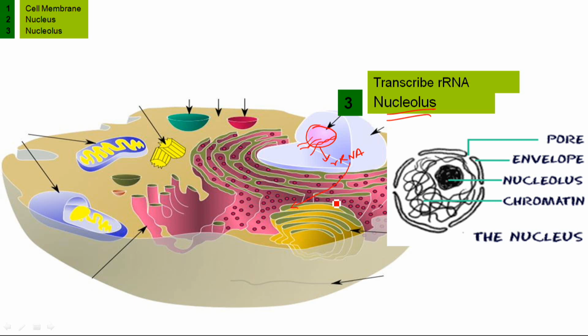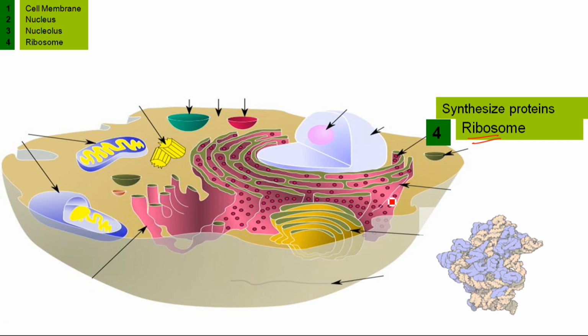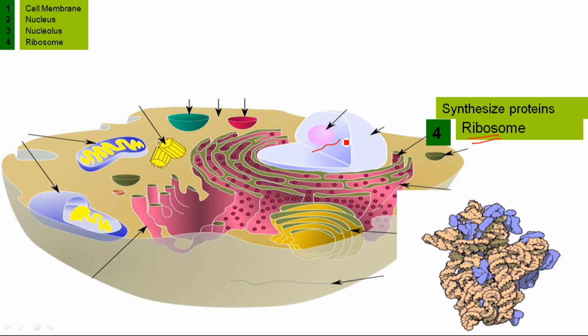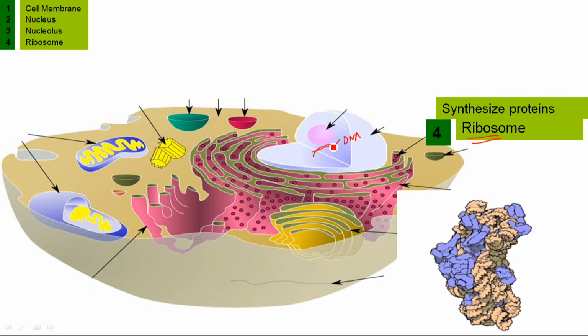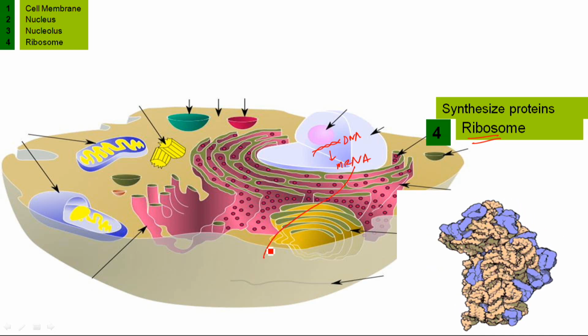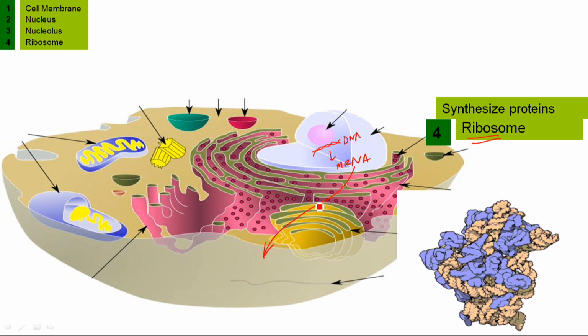The fourth one is the ribosome. The ribosome is a big particle made up of lots of proteins and RNA. The main function of the ribosome is to synthesize protein, because when the nucleus transcribes the mRNA from the DNA and transports it to the cytosol, those cytosolic mRNAs can be translated by the ribosomes attached to the endoplasmic reticulum.